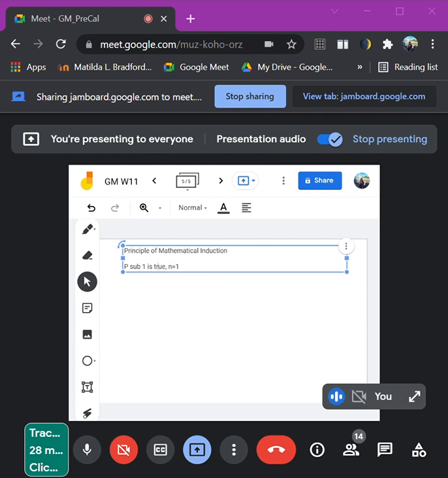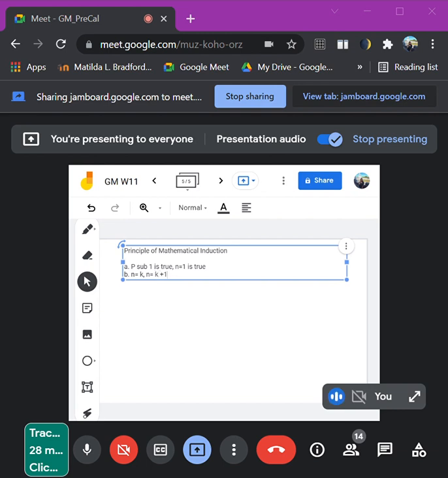So, mao na siya tong part A. So, P sub 1 is true, in which n is equals to 1 is true as well. And then for our next step, we have here n is equals to k, and then you're going to have the next step, which is n is equals to k plus 1.